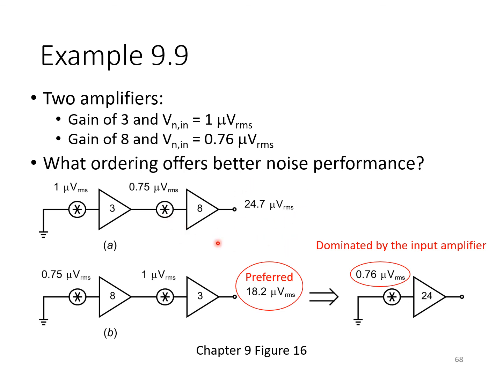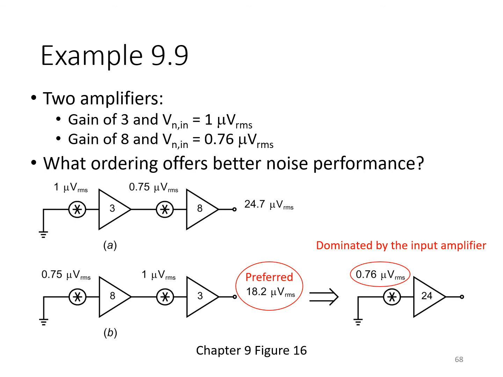And you see that in the top example, the 1 microvolt input referred noise of the first amplifier sees a gain of 24 all the way to the output, whereas the input referred voltage noise due to the second amplifier sees only a gain of 8. And remember, you must sum these two noise contributions in the sum of squares fashion, right?